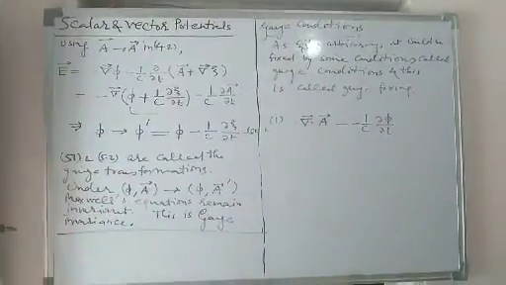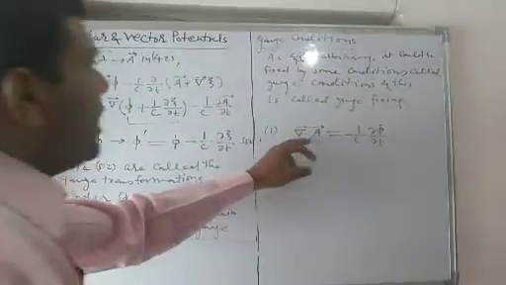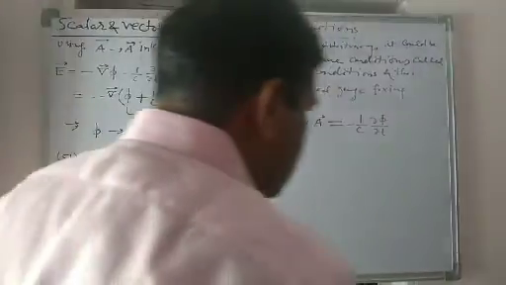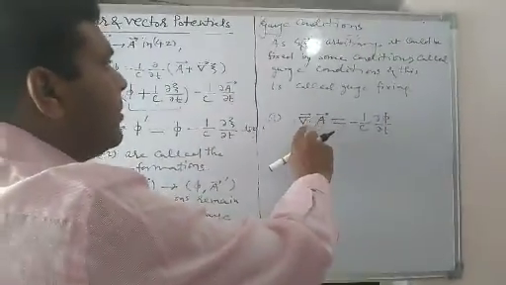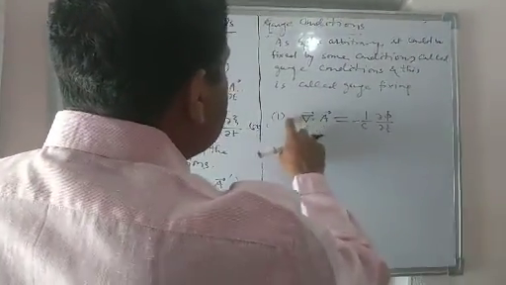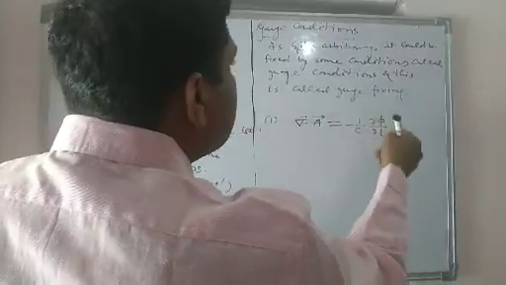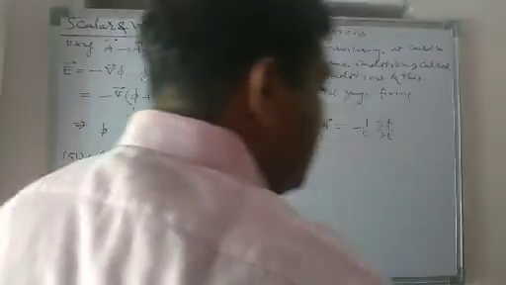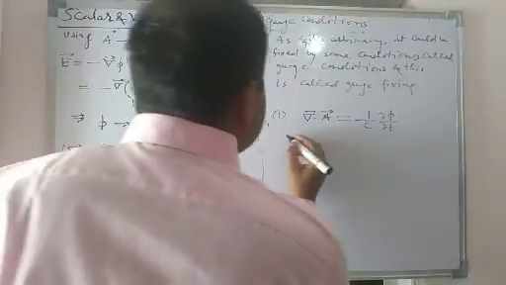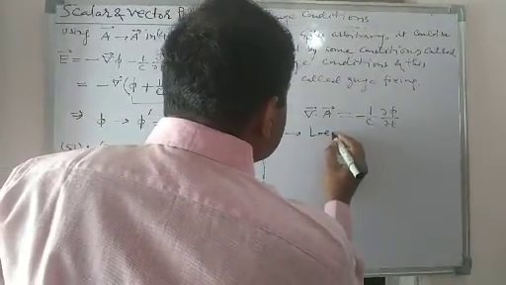So why did we do that? Remember in B we had del cross A, and in E we have another partial of space. So if we take del, this will have a time derivative, and this will have a space derivative and phi gradient, and therefore these might get repaired. So this is called the Lorentz gauge.